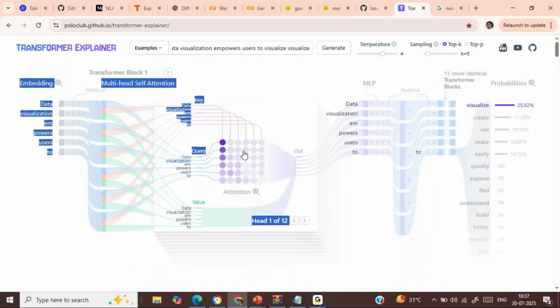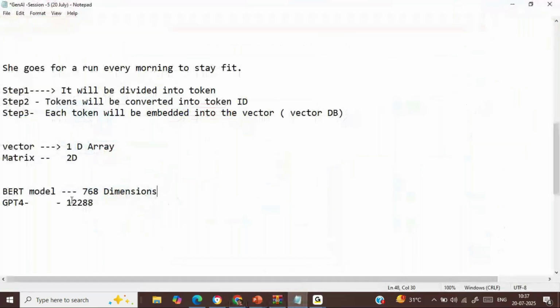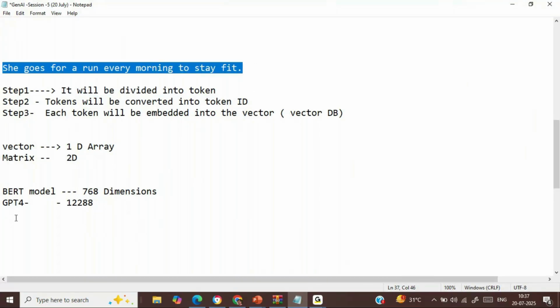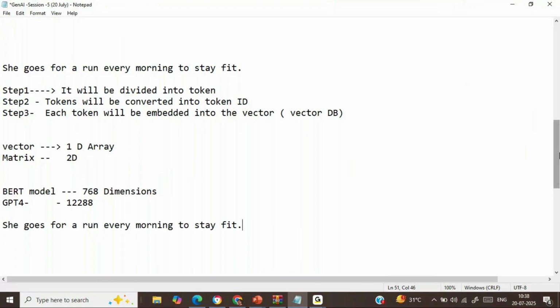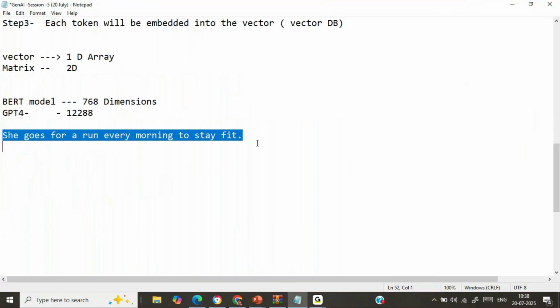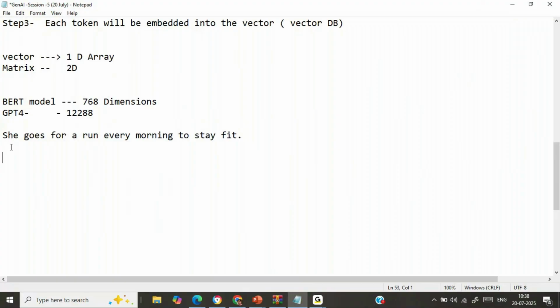But inside the attention mechanism, in order to retain the context of whatever tokens we are passing, let me mention a sentence: she goes for a run. This is converted into 2121.